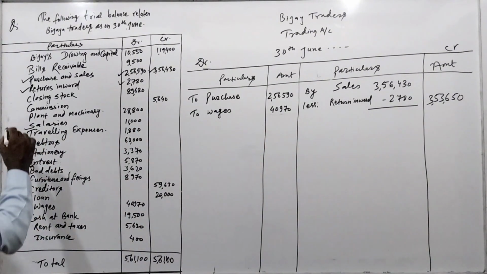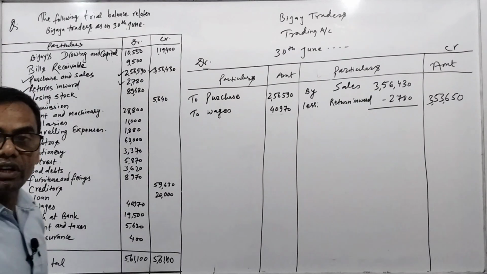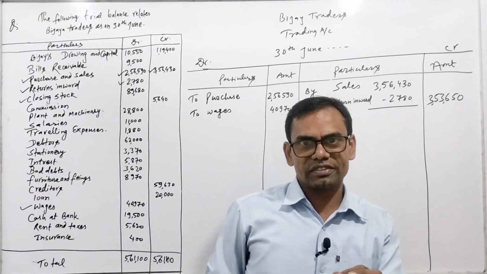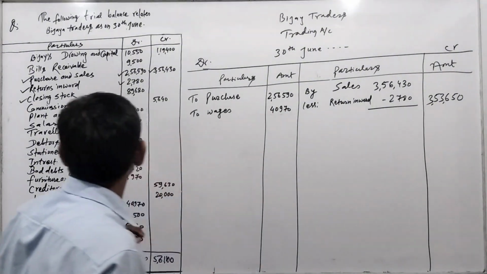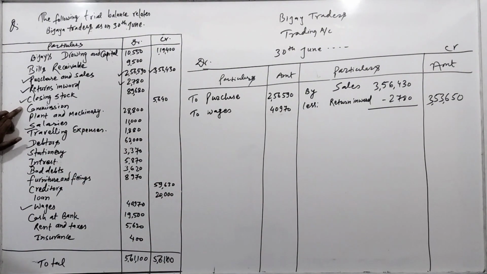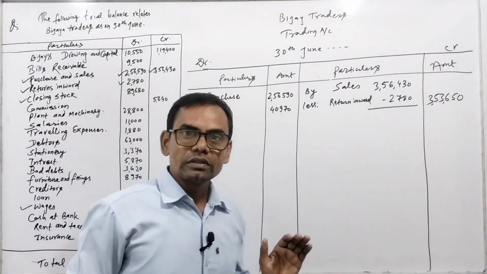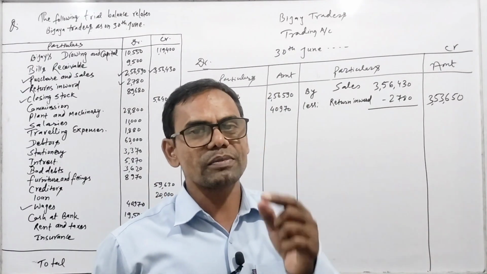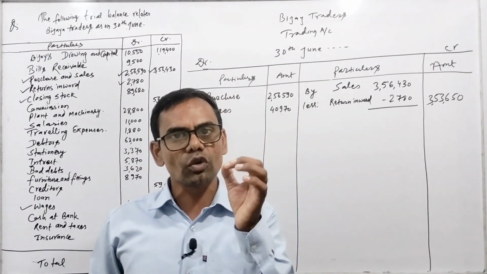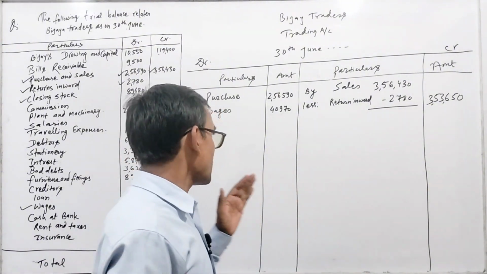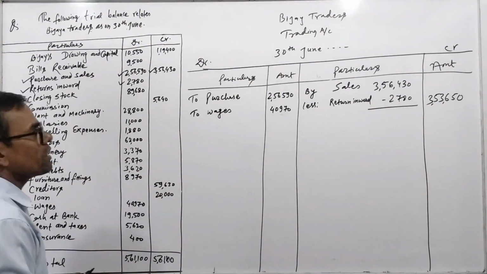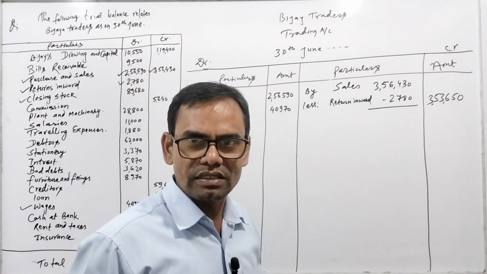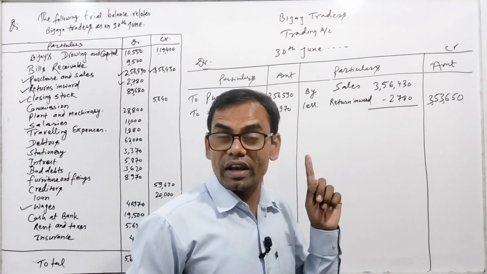And there is a closing stock. I told you in video first, if closing stock is given in trial balance, it should be placed in asset side of balance sheet, not in trading account.